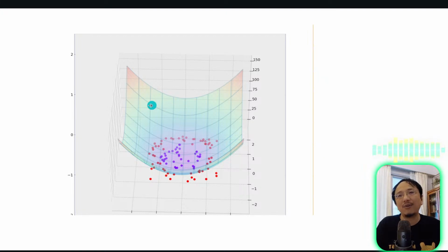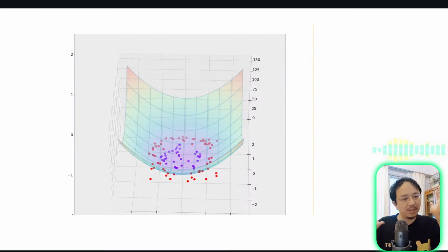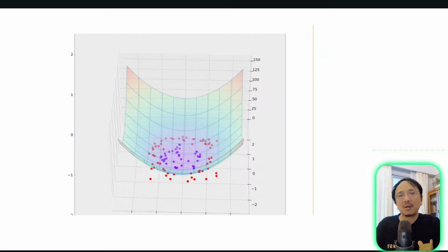This is the level curve of the support vector machine, because we introduced the new features, the polynomial features. So this one is not like a linear function or a plane. It looks more curved.